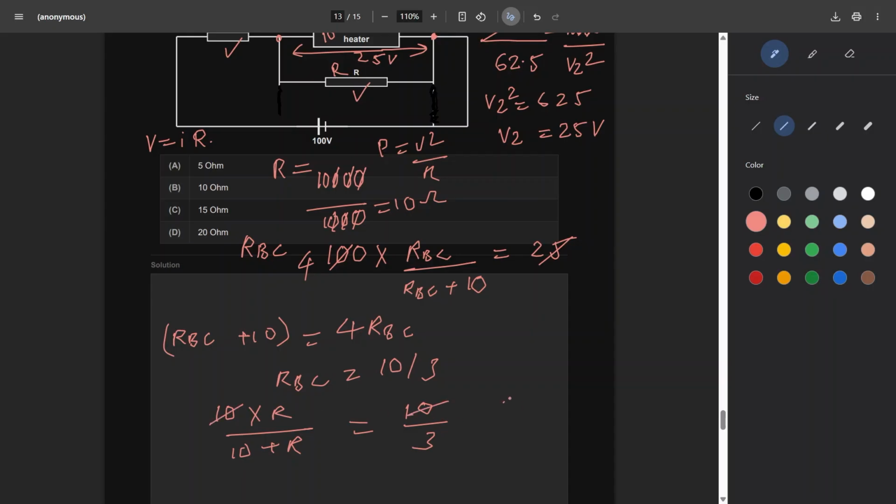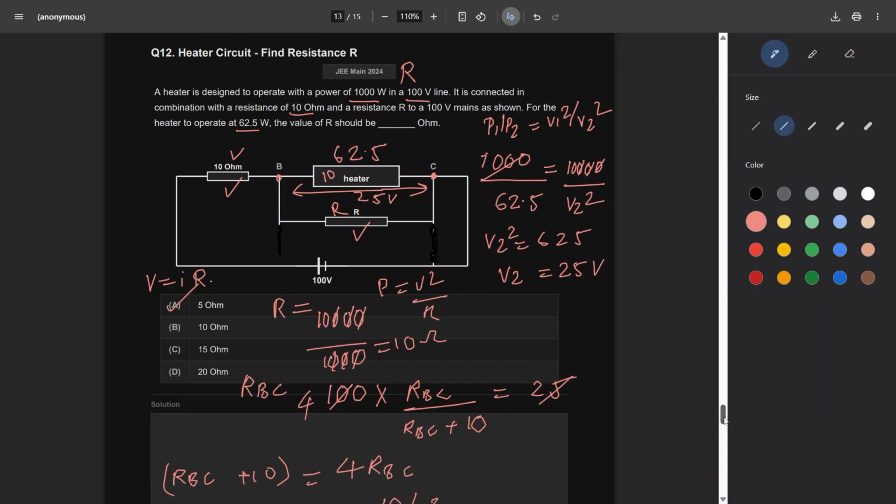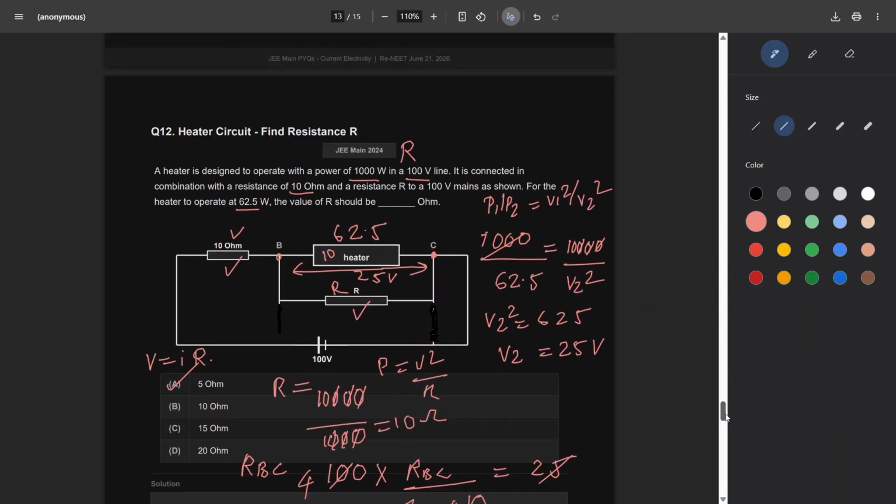So we have 3R as 10 plus R. So we have 2R as 10. So we have R as 5. This should not have taken this long to solve, I think. If you process it a bit fast, I think you can do it, but it is a lengthy question though.